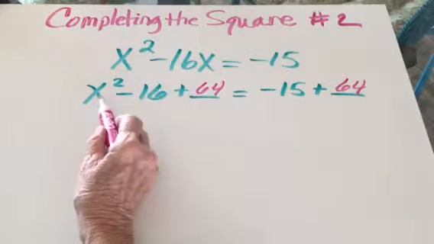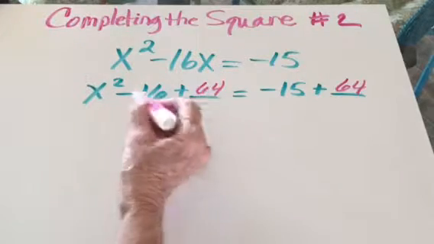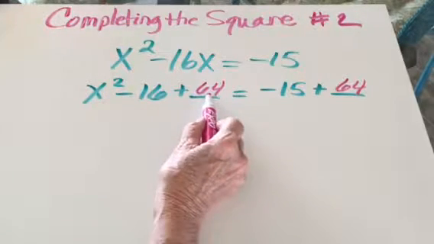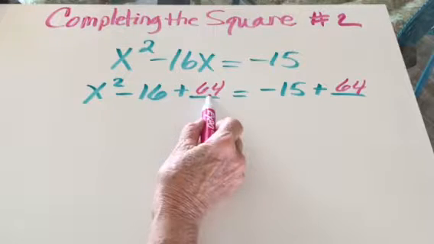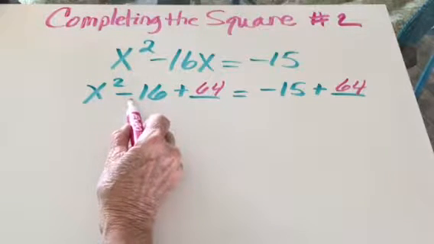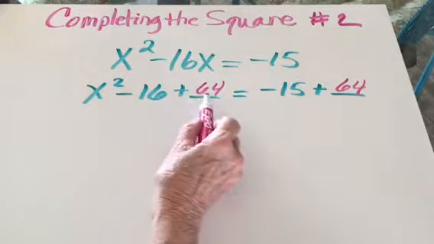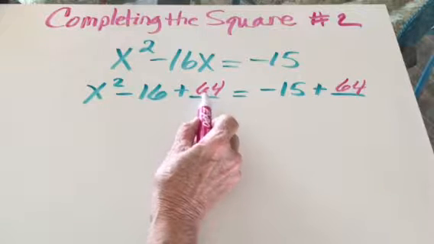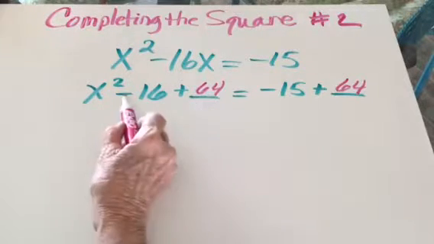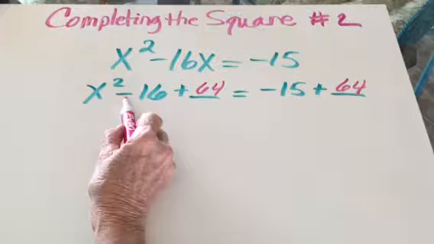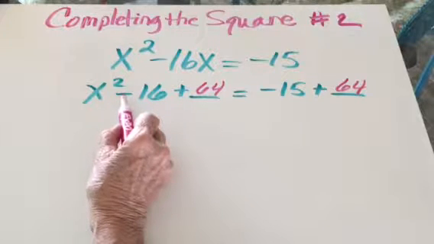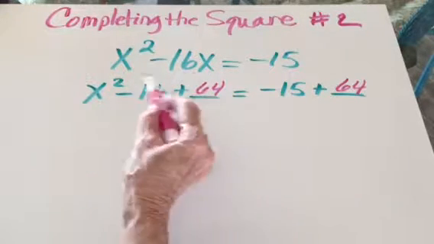Okay, now I can factor this, and this is going to be what times what equals 64 that adds up to negative 16. Well, negative 8 plus negative 8 adds up to negative 16, and when you multiply negative 8 times negative 8, it equals 64.